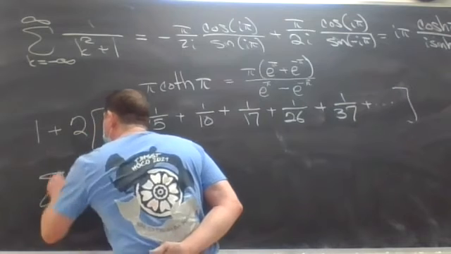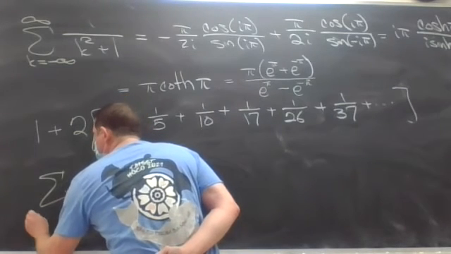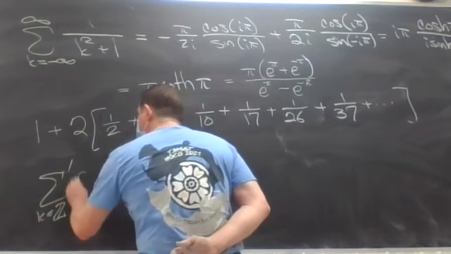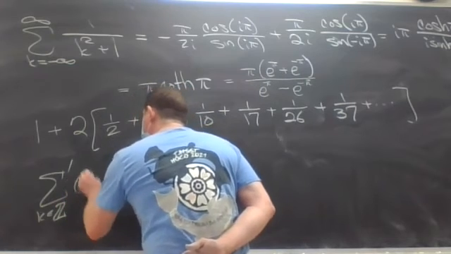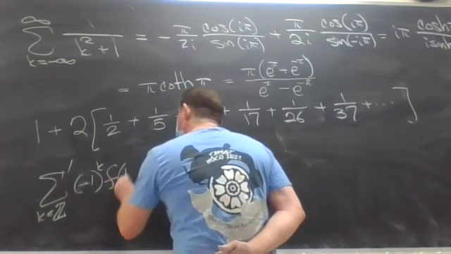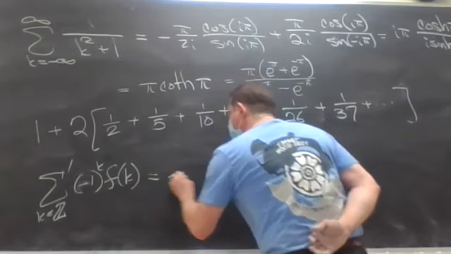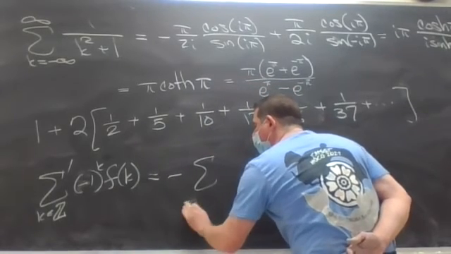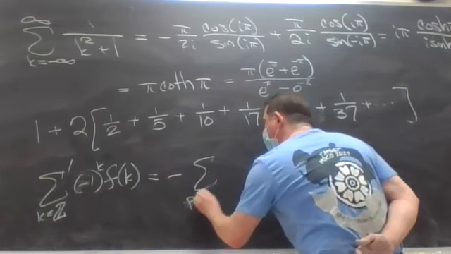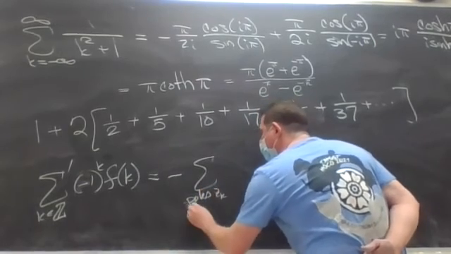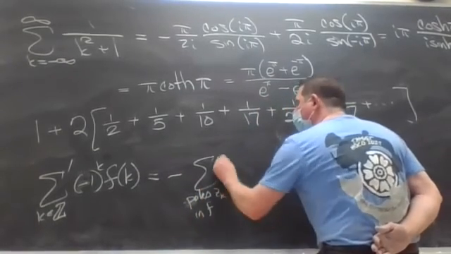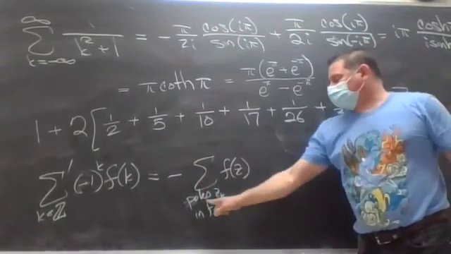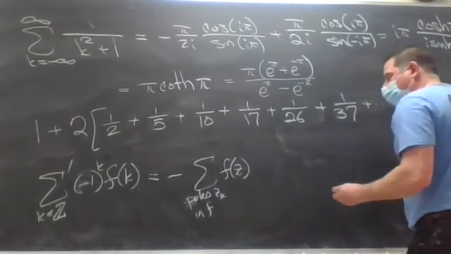Sum, again prime, negative 1 to the k f of k, and it's going to be minus the sum over the poles of f of z of the residue of f of z pi cosecant pi z at z_k.